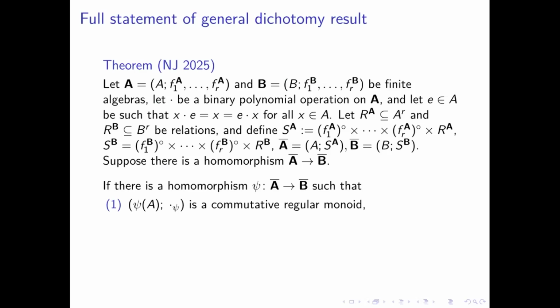So in the case where these are just monoids, this coincides with just the criteria that the image of A with its basic operation is just a regular commutative monoid. So here the operation changes to this induced polynomial operation.